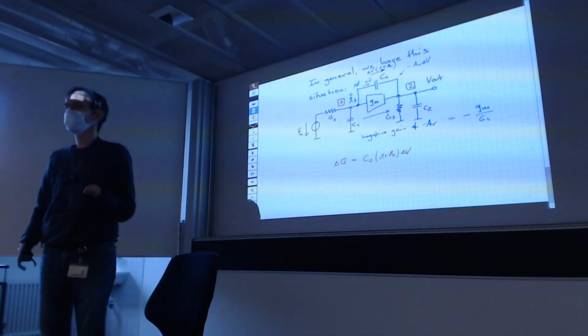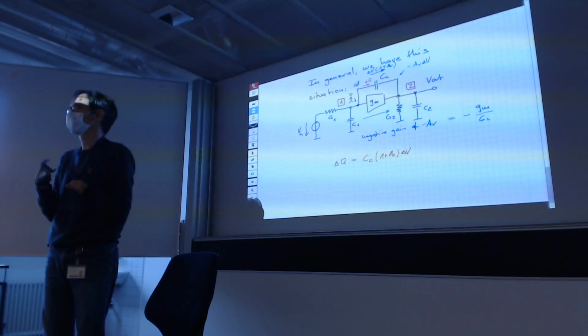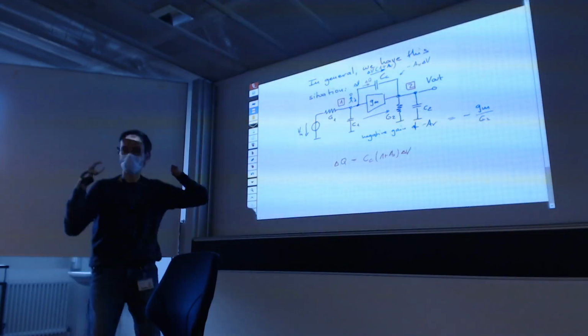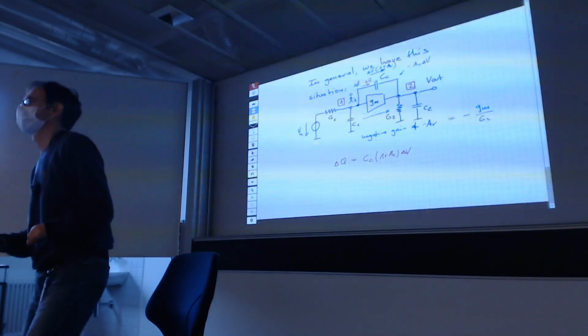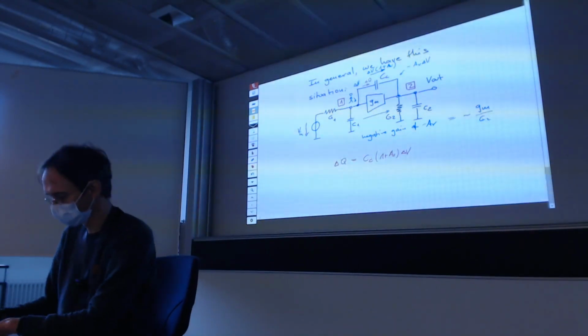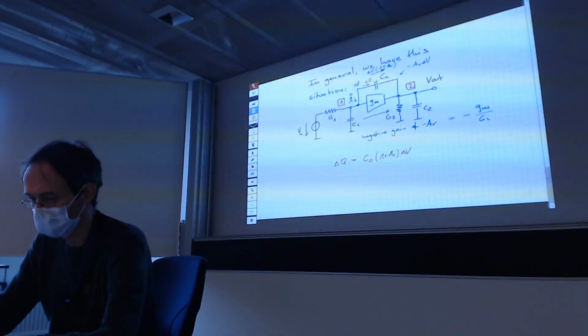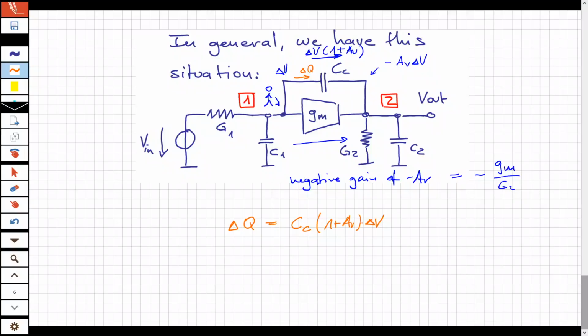All the observer sees is, I have a voltage change, delta V, and I have a huge charge disappearing into that node, the delta Q. So that guy calculates it as follows and says, oh, I have delta Q divided by delta V is the capacitance, and this is CC times 1 plus AV. Or in other words, what that guy sees at this node is not the capacitance itself, but the capacitance scaled by the gain of this amplifier.